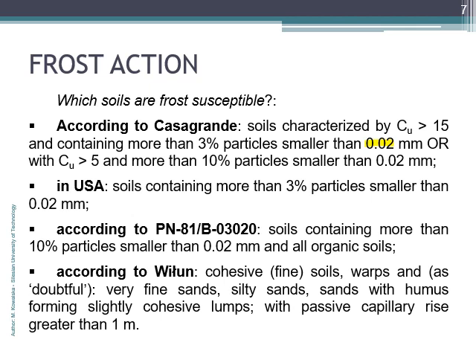And according to Professor Zenon Wiłun, these are the cohesive soils. So cohesive means fine soils, warps, and as doubtful, very fine sands, silty sands, sands with humus, forming slightly cohesive lumps, all the soils with passive capillary rise greater than 1 meter.